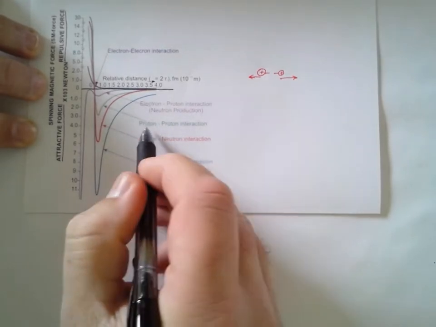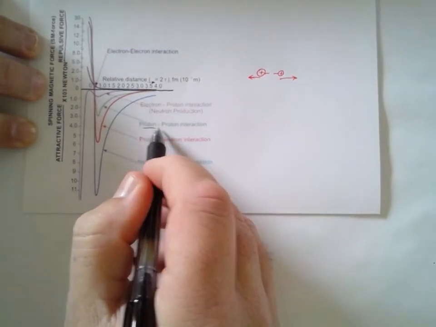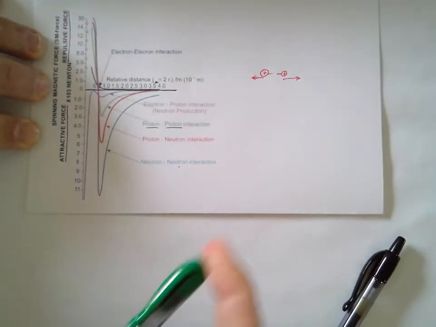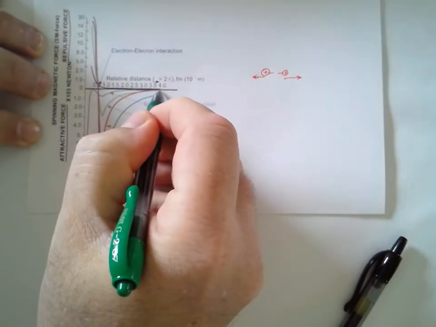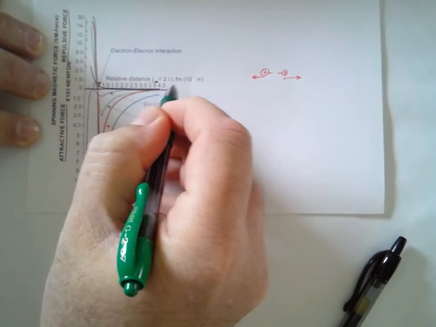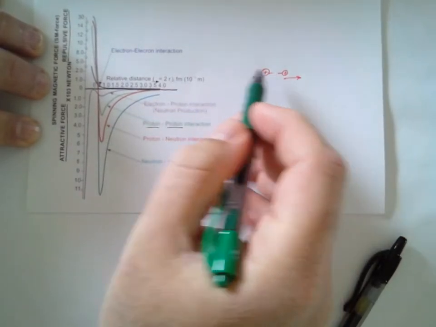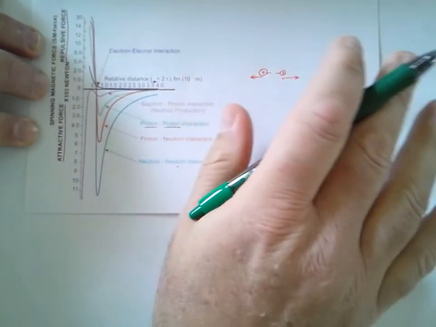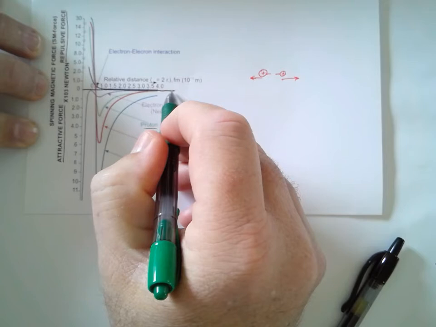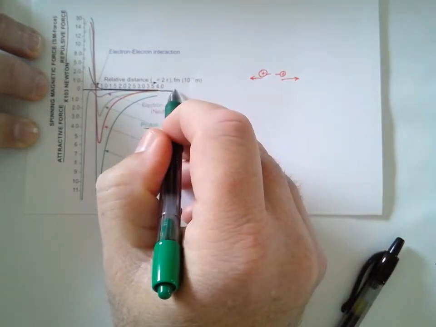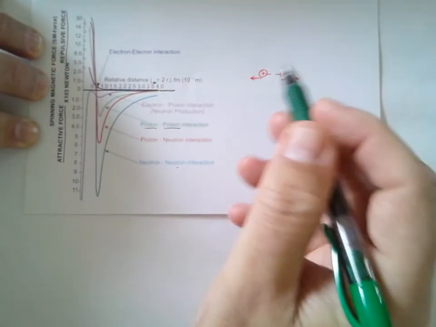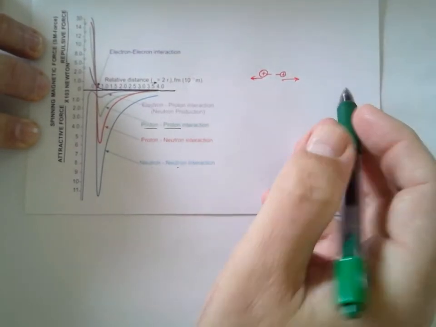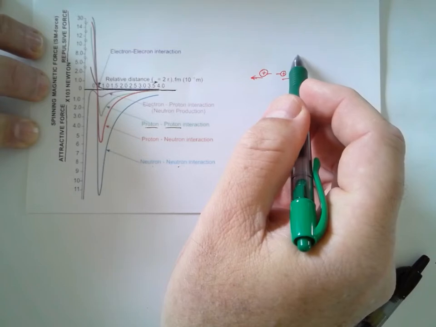Here we have the proton-proton interaction, which is this green line right here. Notice that this is coming from up here. They repulse each other when we're much further out than this, not in femtometers, but in micrometers or one of the others. We're up here, we're repulsive.